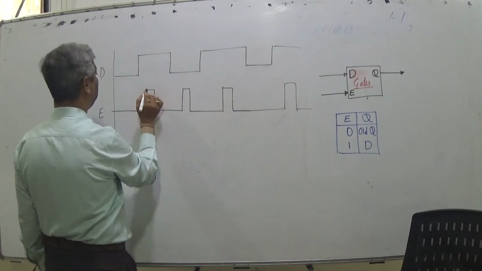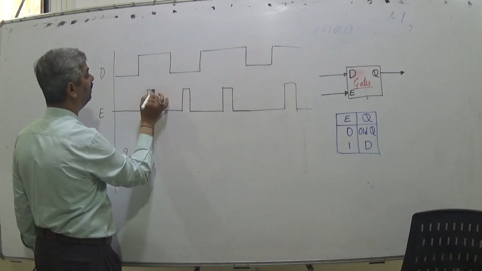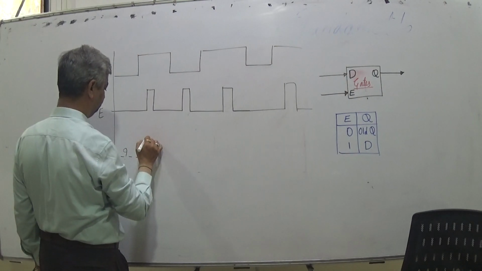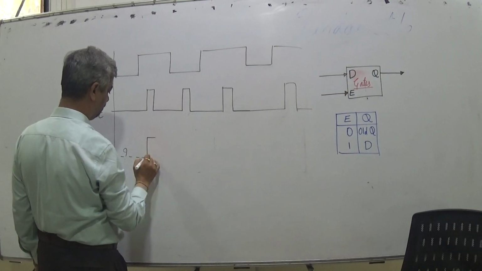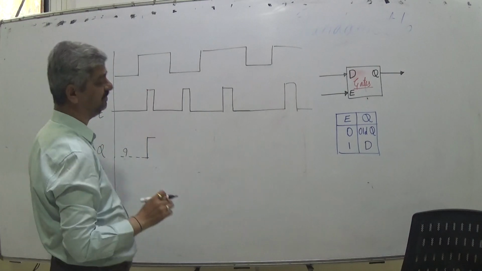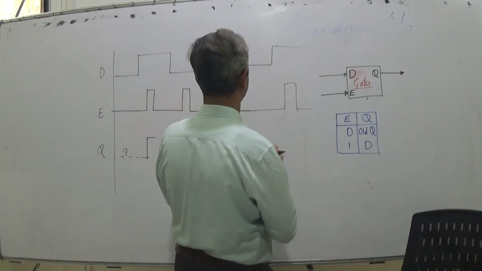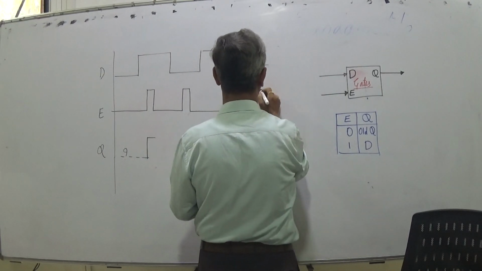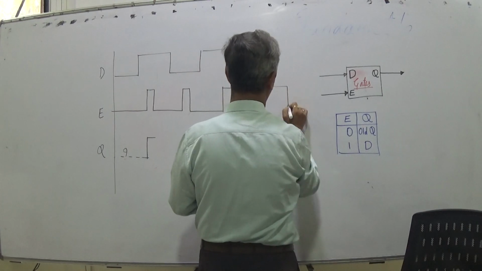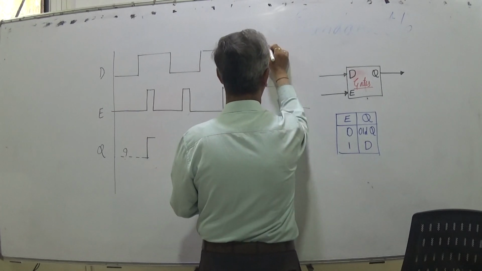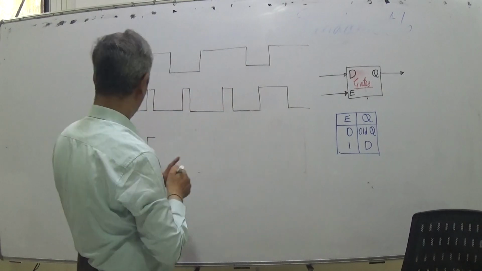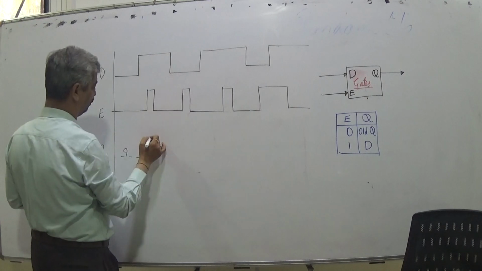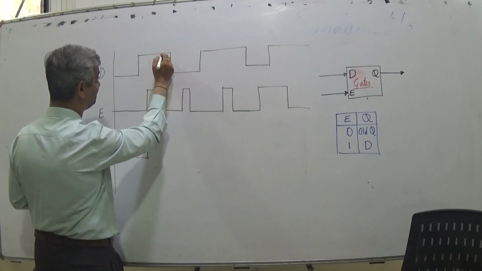But whenever E is 1, whenever E becomes 1, that time Q follows D. And whenever E becomes 0, listen very carefully, this is extremely meaningful information. Whenever E becomes 0, whatever is Q is continued irrespective of input now.